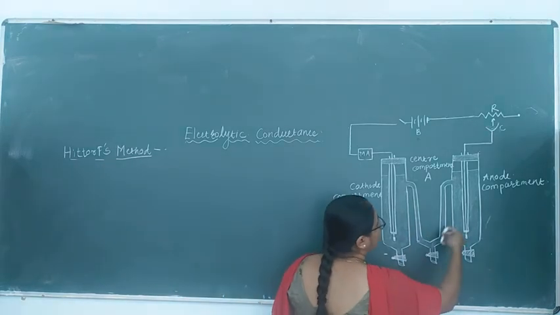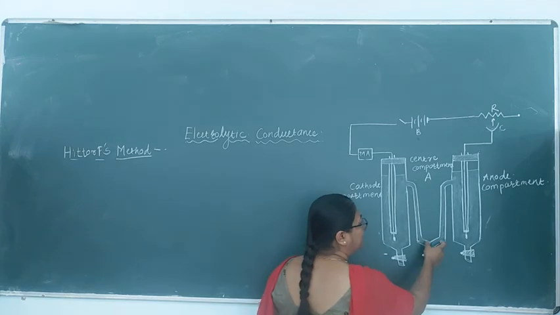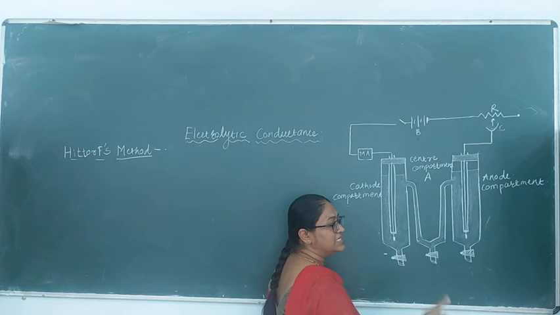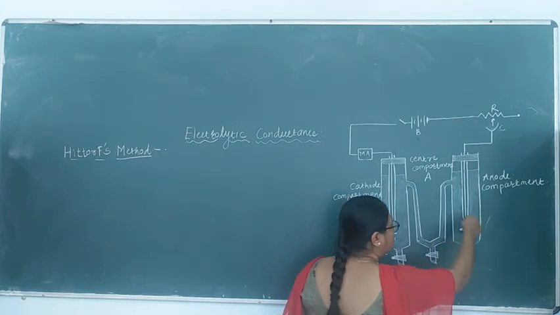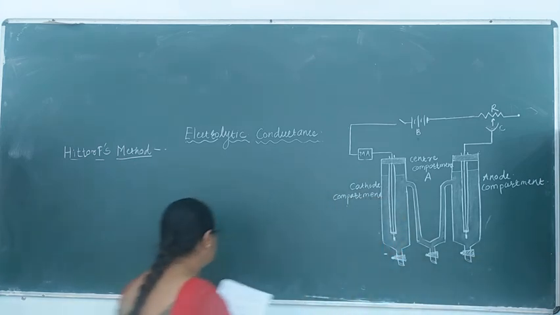The central compartment will have no changes. So to calculate the change in concentration of the anode compartment, the solution after the electrolysis is taken out, and its weight is taken.